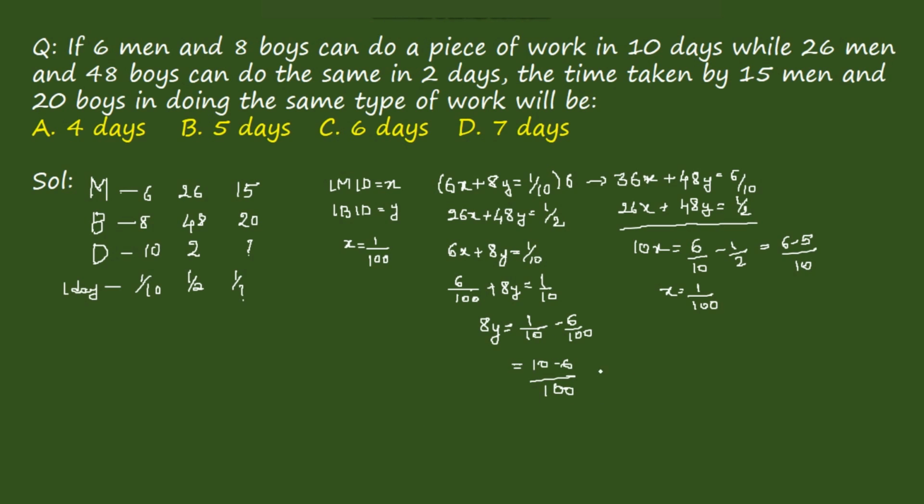It becomes 8y equal to 4 by 100. Dividing by 2, we get y is equal to 1 by 200. So we got the value of y, y is equal to 1 by 200.